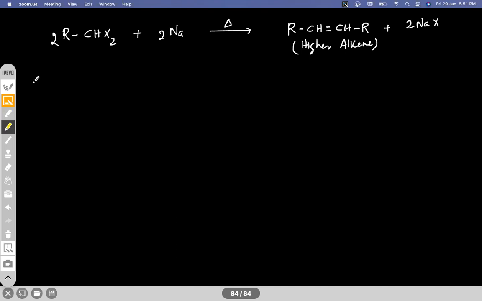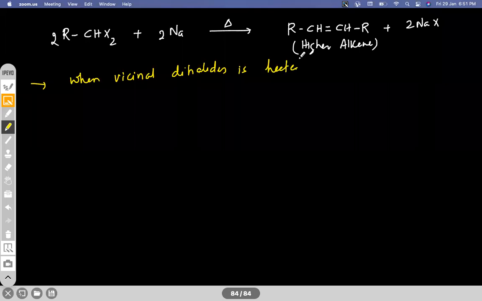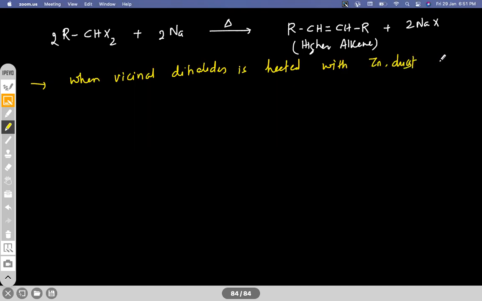Next, write down: when vicinal dihalides is heated with zinc dust, then it forms alkene with the same number of carbon atoms.